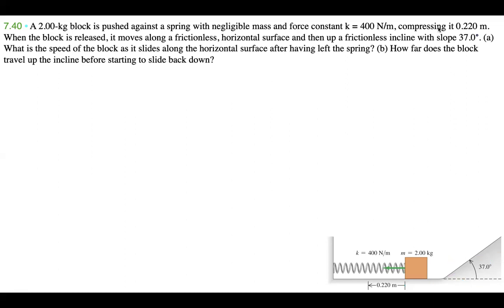So what is the speed of the block as it slides along the horizontal surface after having left the spring? What is happening is that the spring compresses it so that this is the new box, this entire box in the dotted line. The dotted line is where the box is placed after it's compressed 0.220 meters. So it's moved from this position to this position.